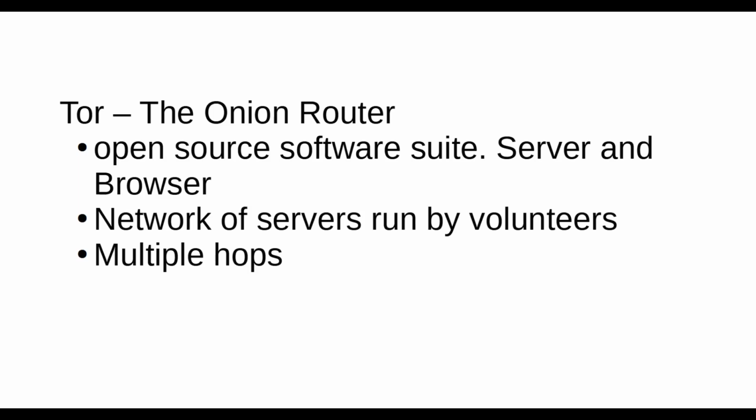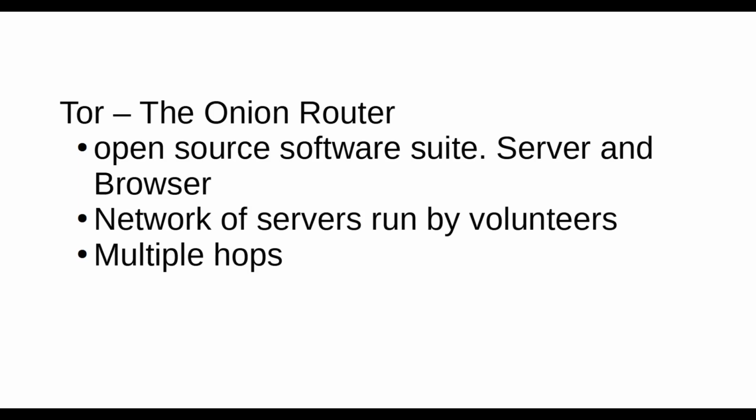So Tor, if this is new for you, is an open source software suite. It includes both a server and a browser. If you want to use the Tor network, you download the Tor browser, and then that runs against Tor servers. It consists of a network of multiple servers run by volunteers. They volunteer the bandwidth and the servers themselves.